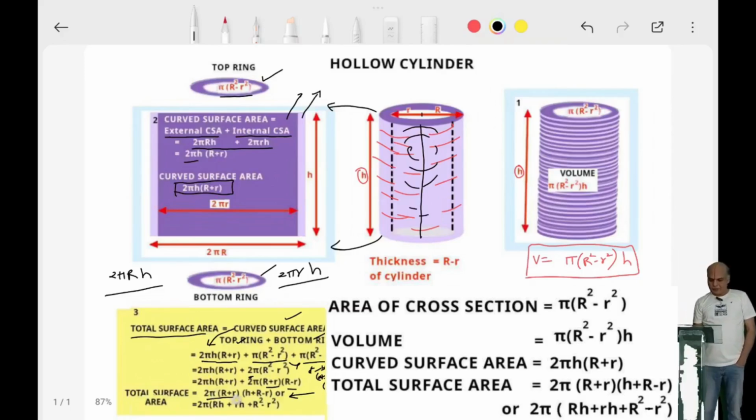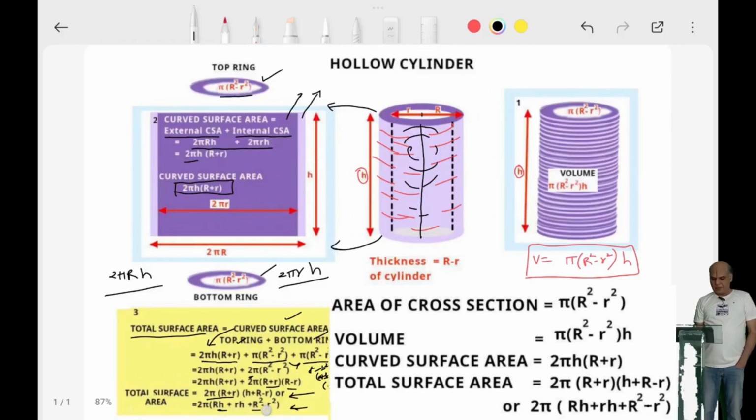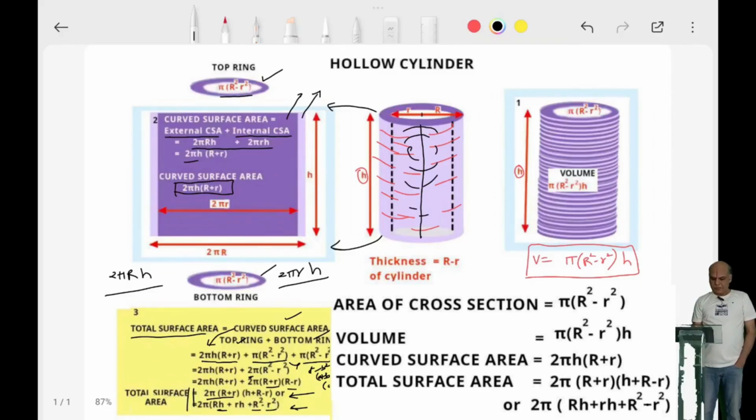Or when you multiply the parentheses, you can also remember it this way: 2 pi into capital R h plus small r h plus capital R square minus small r square. So these two are the formulae that can give you the total surface area of a hollow cylinder.